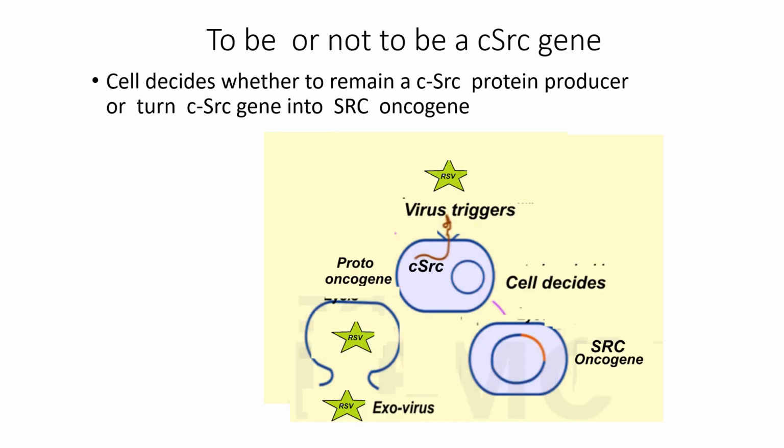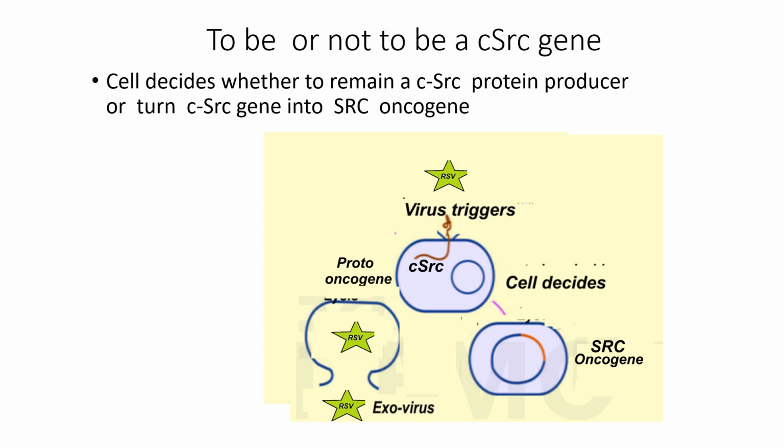So if we look at this story in our cell, we have a cell which is triggered by a virus, and this cell is a normal cell, which we said is a proto-oncogene cell, which produces proteins, tyrosine kinase.